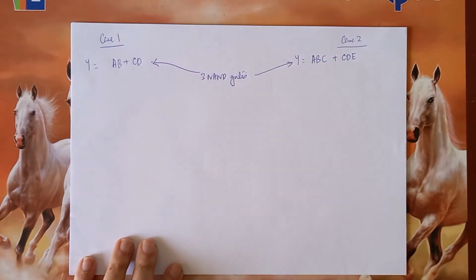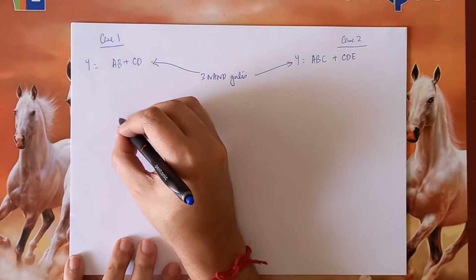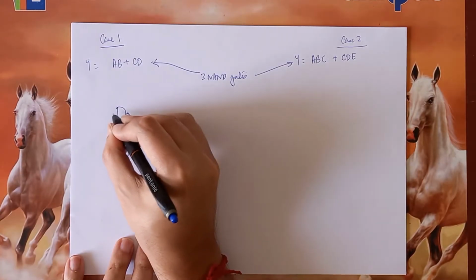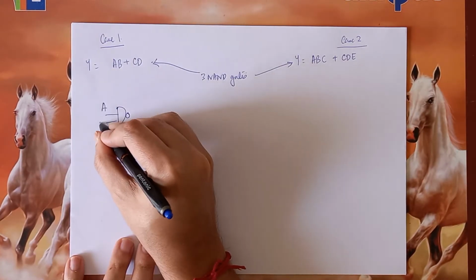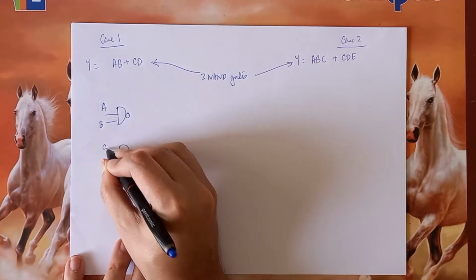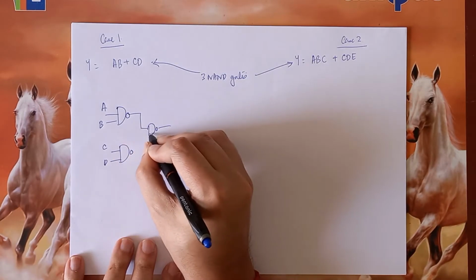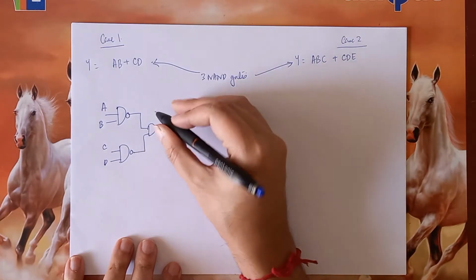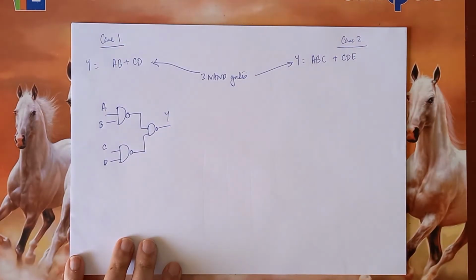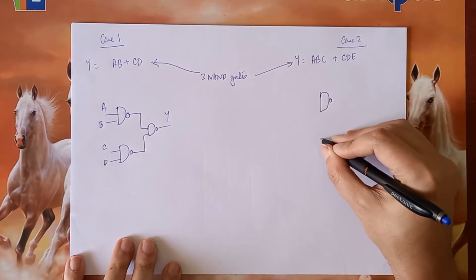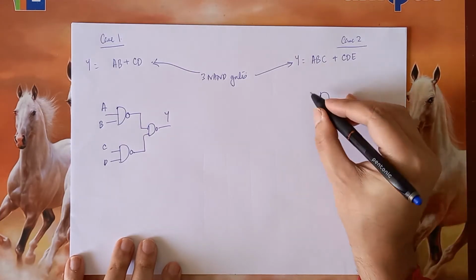For both cases. So if we were to draw this, it would be something like this. And this is y. Whereas for case 2, it would look something like this.